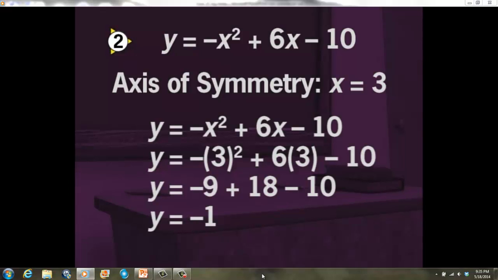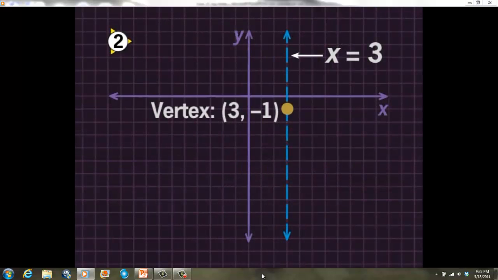Y is equal to the opposite of 3 squared plus 6 times 3 minus 10, or -9 plus 18 minus 10. The y-coordinate of the vertex is -1. The vertex is (3, -1). Take a moment and graph this vertex on the coordinate plane.